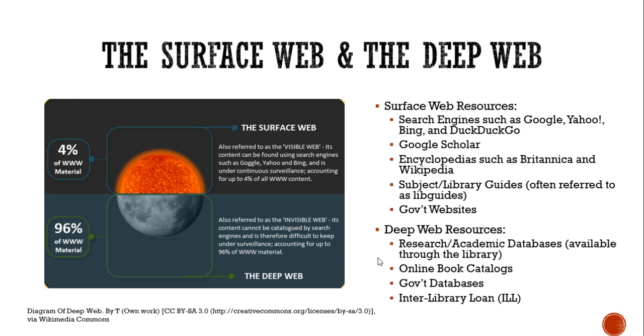You can also use Google Scholar to look for academic papers, though some of those will be behind paywalls, so you'll need subscriptions to actually get at the full text of the paper. Encyclopedias, there are several good ones online, Britannica, Wikipedia, which again, we're not going to recommend using as a source, but it can certainly be a source that leads you to other sources.